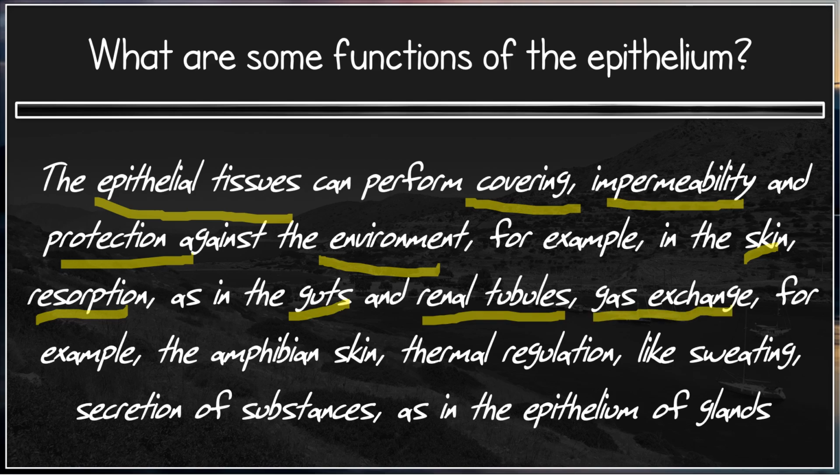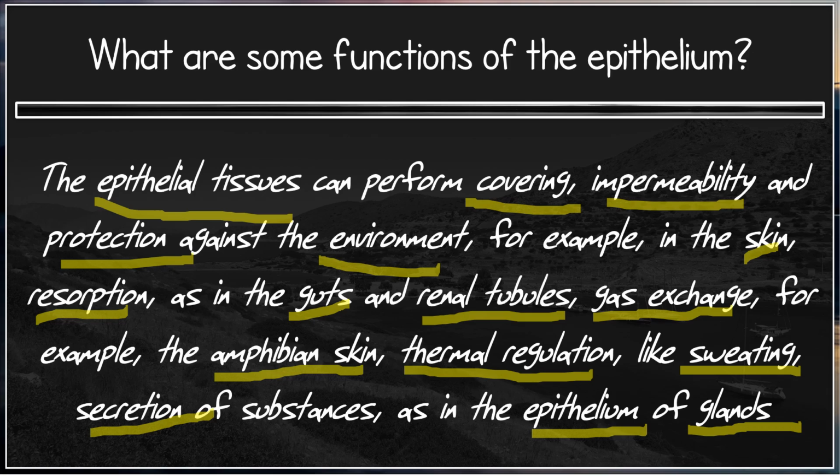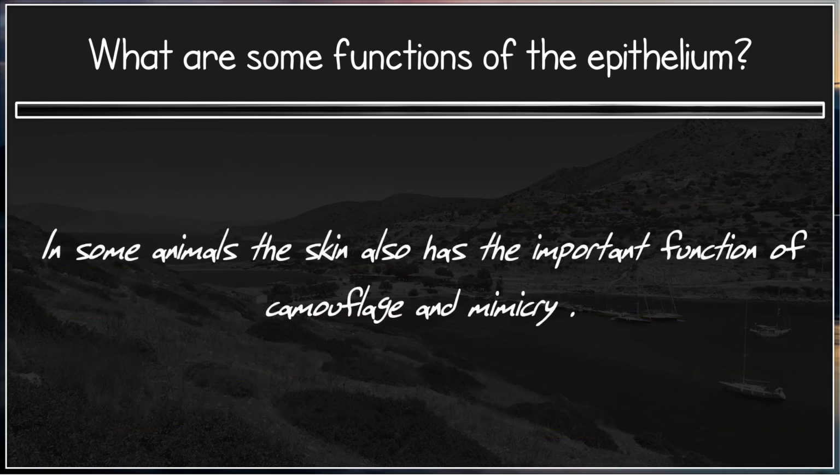Gas exchange, for example, amphibian skin. Thermoregulation, like sweating. Secretion of substances, as in the epithelium of glands. In some animals, the skin also has an important function of camouflage and mimicry.